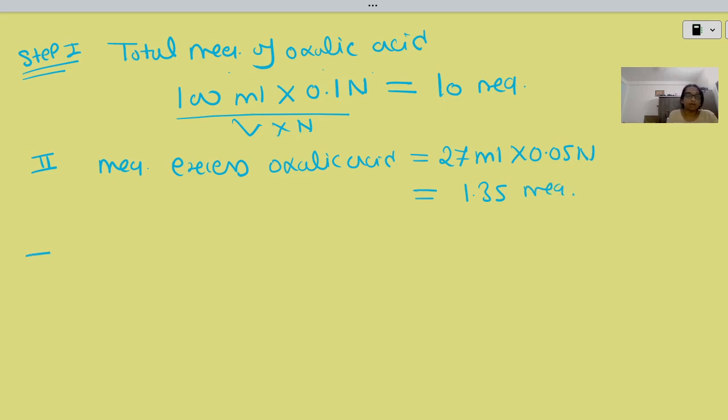Now step number 3. In step number 3, we will calculate the molar equivalent of the second component, which is manganese dioxide, MnO2.